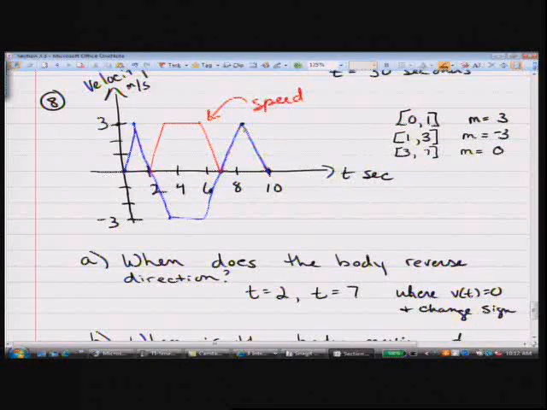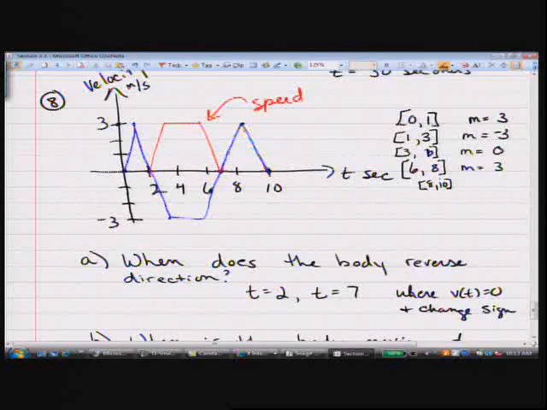And then from 6 seconds to 8 seconds, the slope looks like +3. And then from 8 to 10, it's actually -1.5, because it's a little less steep. Over this 2, it goes down 3, so changing y over changing x is -3 over 2. Okay, and these are your accelerations.